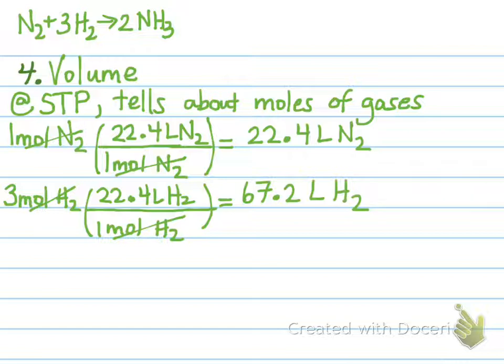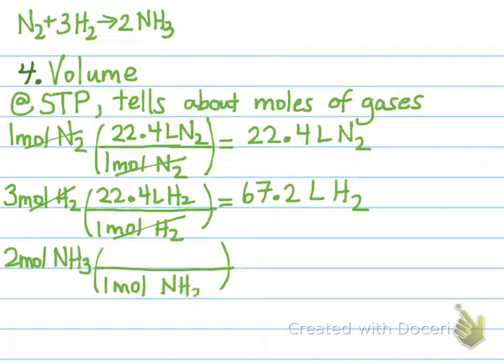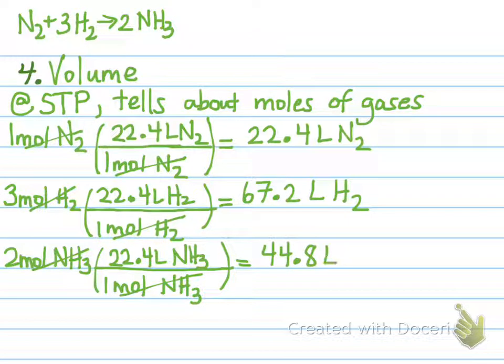Lastly, I have 2 moles of ammonia. And again, when I have ammonia gas at STP, I know that 1 mole of ammonia gas occupies a volume of 22.4 liters. So 22.4 times 2 gives me 44.8 liters of ammonia gas.